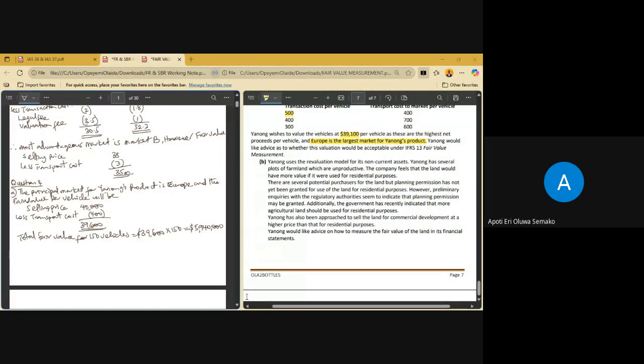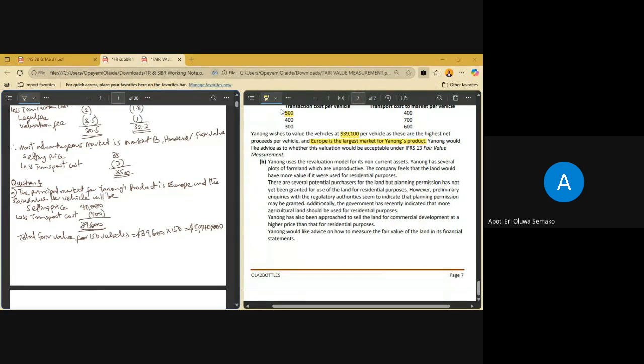Inogua uses the revaluation model for its non-current assets. Inogua has several plots of farmland which are unproductive. The company feels that the land will have more value if it were used for residential purpose. There are several potential purchasers for the land, but planning permission has not yet been granted for use of the land for residential purpose.